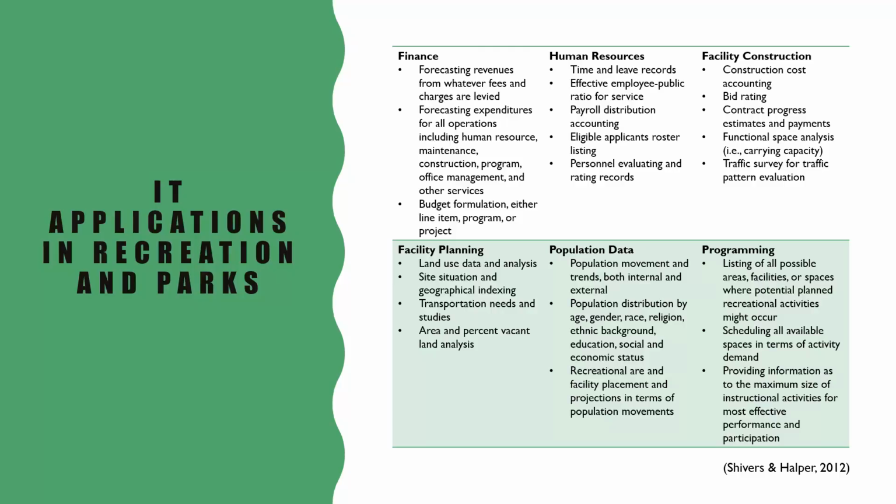This content is taken from the Shivers and Halper text, and it helps you to understand the scope of IT applications in the rec and parks field. These applications reach across finance, HR, planning and construction of facilities, establishing and analysing population data, as well as within programming. The main takeaway here is that innovation and therefore diffusion can take place within and across different functions and units of recreation agencies.